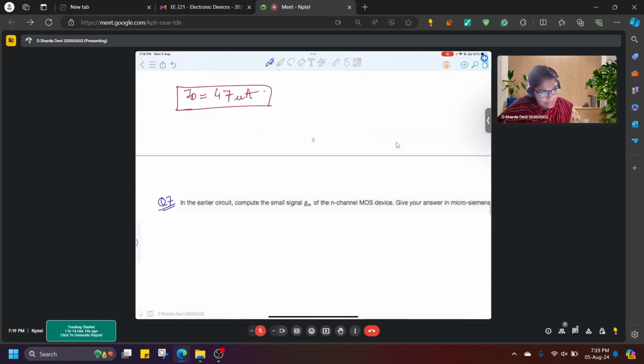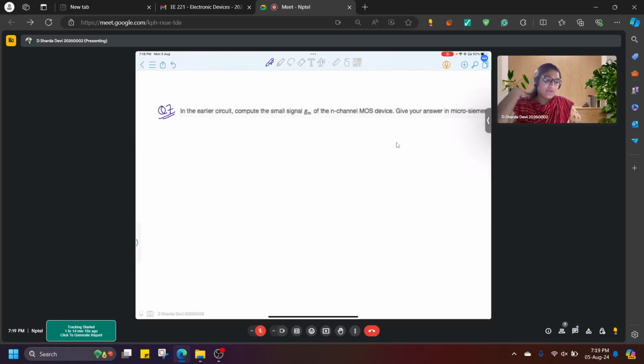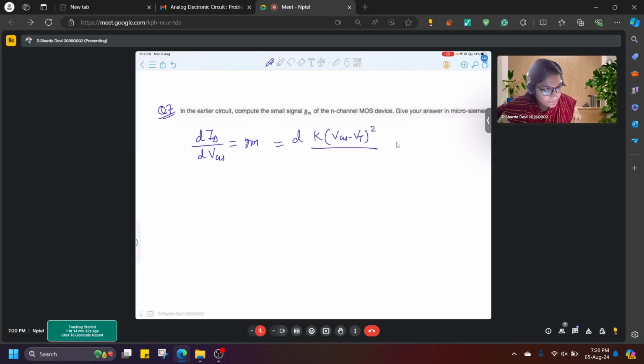In the earlier circuit, compute the small signal gm for the given MOSFET. So small signal gm, what did I tell you? What is gm? dID upon dVGS is equal to gm. So that is d of K (VGS minus VT) squared upon dVGS.